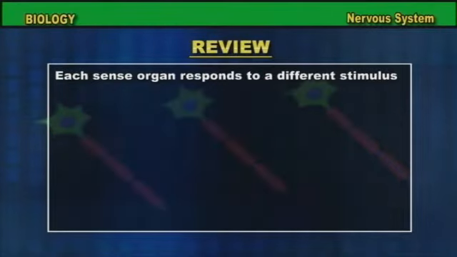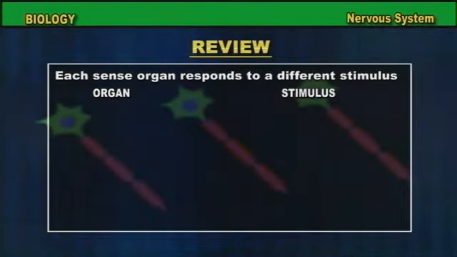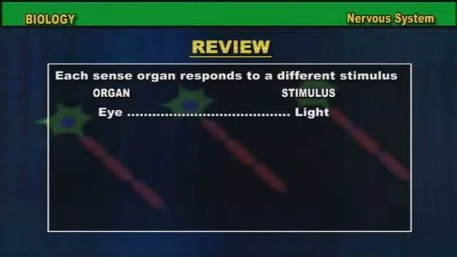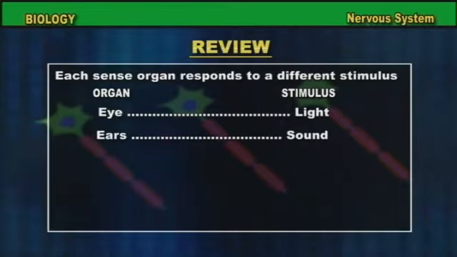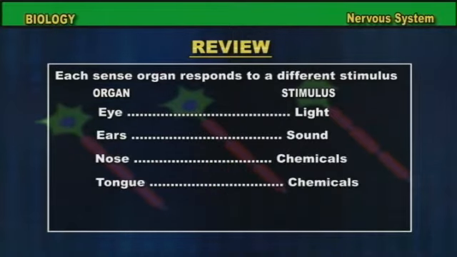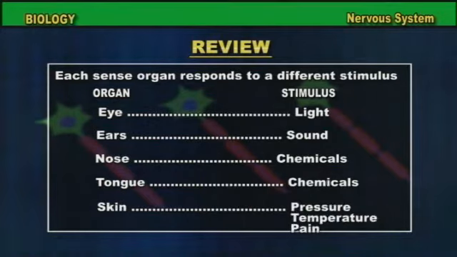Sense organs contain receptors. Each sense organ responds to different stimuli. The eyes respond to light. The ears respond to sound. The nose and tongue respond to chemicals. The skin responds to pressure, temperature, and pain.